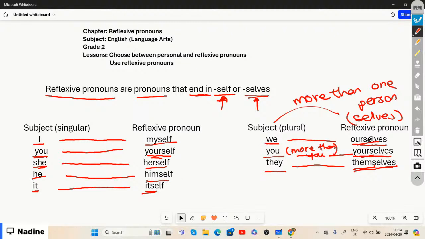That's pronouns, and that takes the place of a noun. But a reflexive pronoun is words like myself, yourself, herself, himself, itself, ourselves, yourselves, themselves. With reflexive pronouns, we have pronouns that either end in "self," which refers to a singular subject, or "selves," which refers to a plural subject, right?